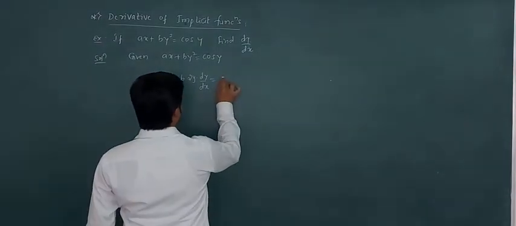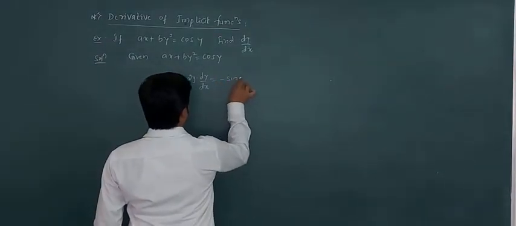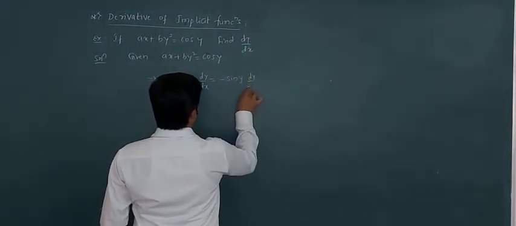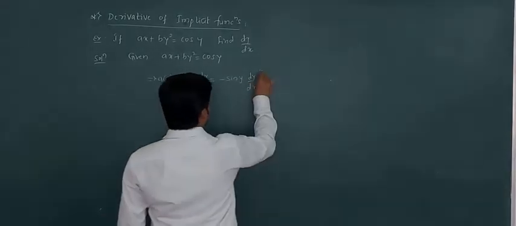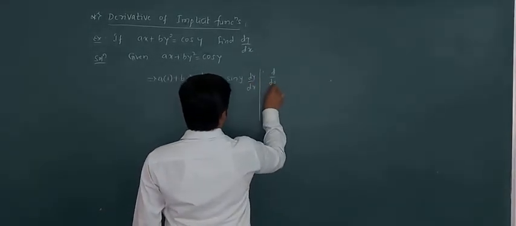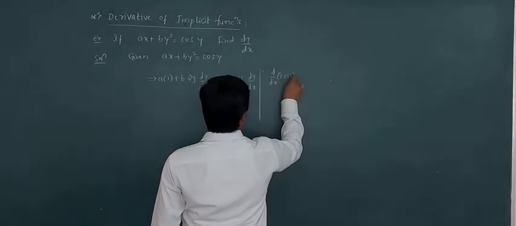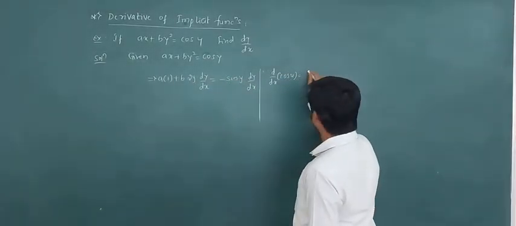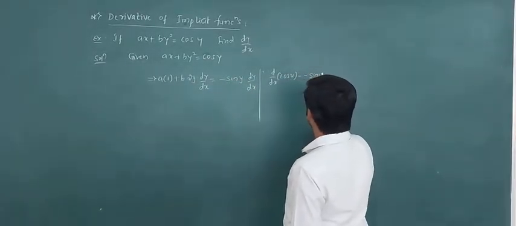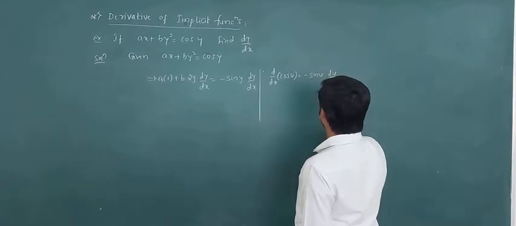Cos differentiation is minus sin y into y differentiation dy by dx, because we know that d by dx of cos u is minus sin u into du by dx.